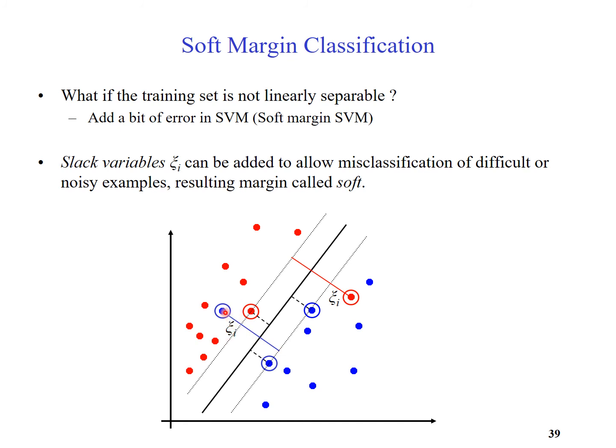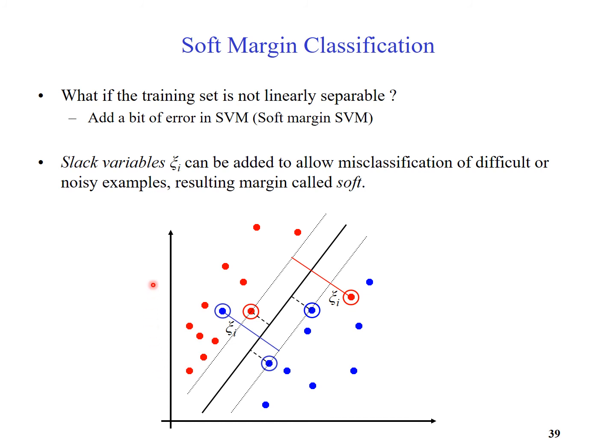This Chi1 is the size of error for this data. And for this data, again, this data is error, and this Chi is the size of error for this data. So this is pretty much the same as the linear SVM, but we allow a little bit of error, and that is called soft margin SVM.